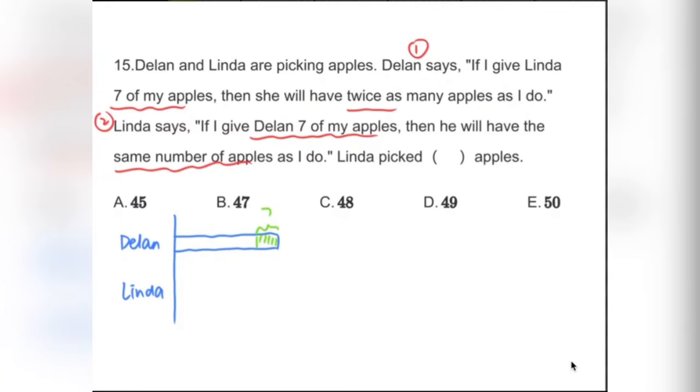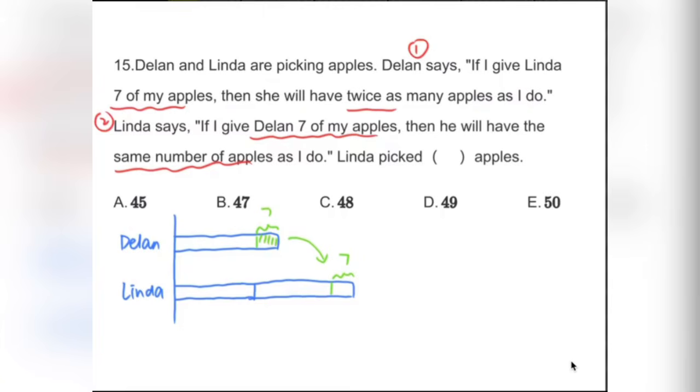So let's draw it out. This is 1 unit, and then we draw another unit. But for these 2 units, remember that actually there are 7 apples from Dylan, so this part is also 7.